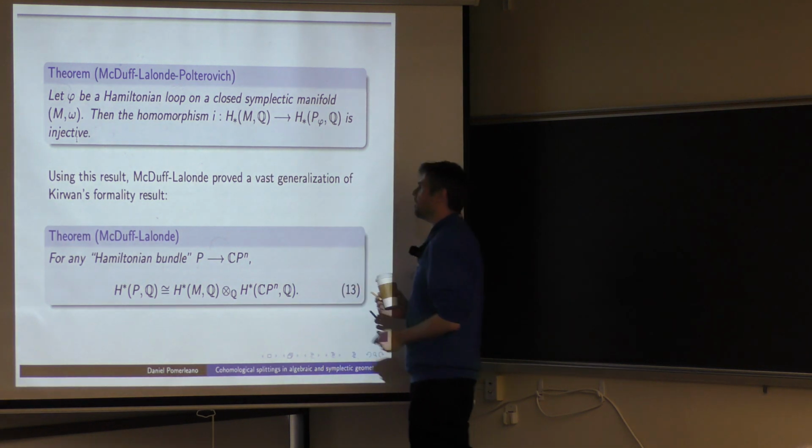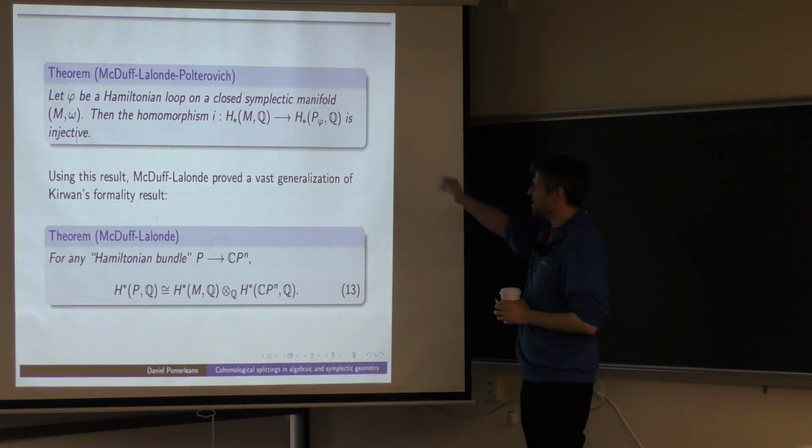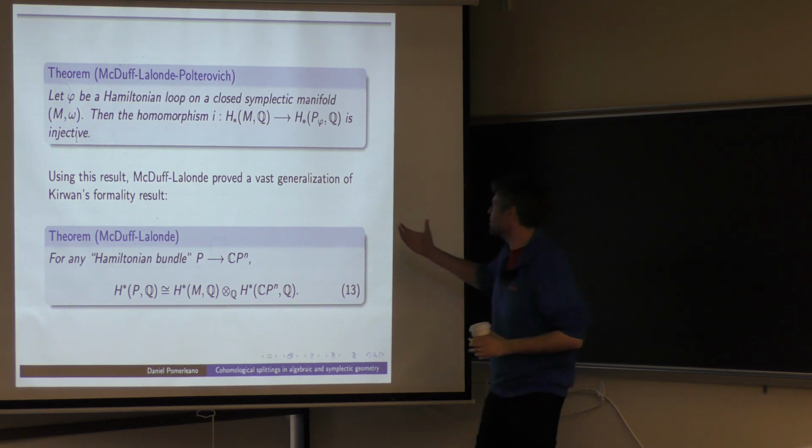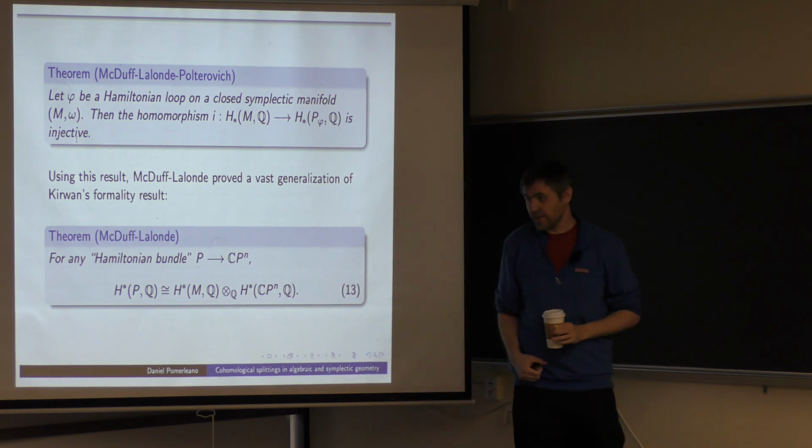You had better have a non-trivial count for every homology class. So there will be some non-zero Gromov-Witten invariant, which is really an invariant in here. So the image had better be injective.